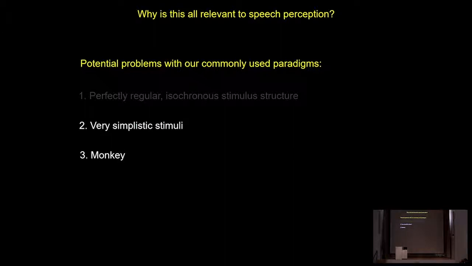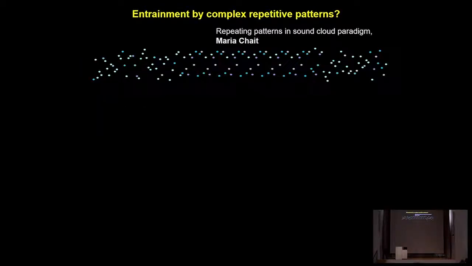Another is changing from very simplistic stimuli to somewhat more complicated ones. One of our favorite paradigms we borrowed from the lab of Maria Csajic, where they present very random, very quickly repeating stimuli that have totally random frequency and noisiness content, which we call a sound cloud.